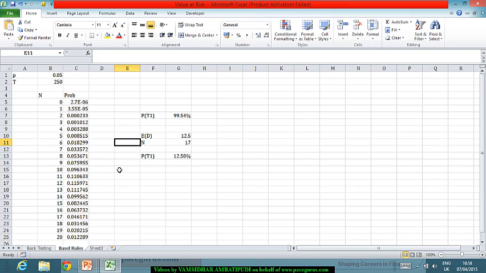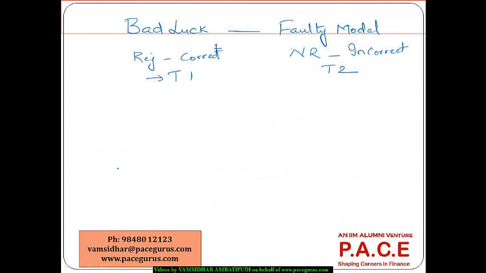So I am designing the model in such a way, first of all, that my type 1 error is lesser, and after that I'm designing a test in such a way that the type 2 is going to come down. Overall, the combination of type 1 and type 2 would result in how many times my VAR is going to be much higher than the actual VAR, by how many times it is higher than what is actually reported.